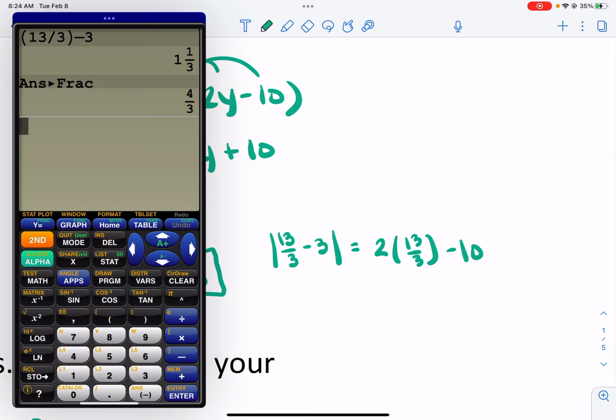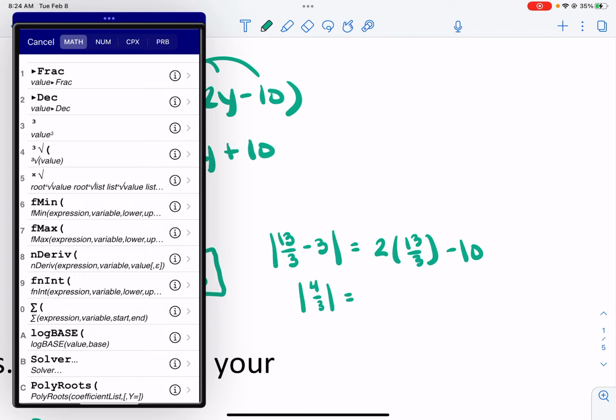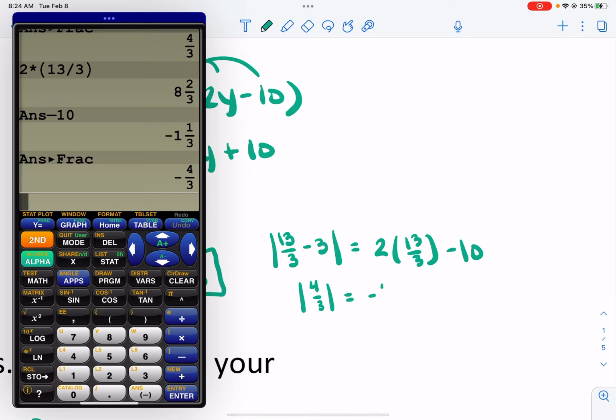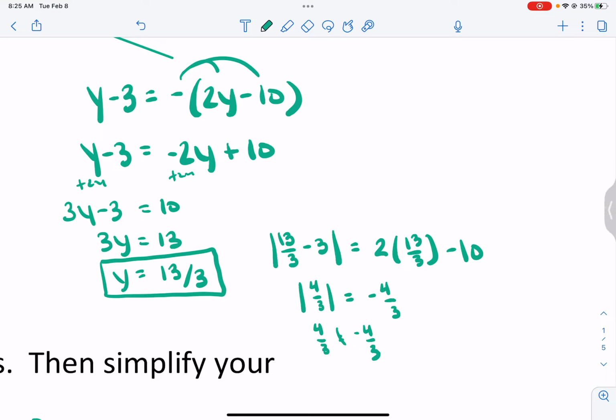So that's 4 thirds. Equals 2 times 13 thirds minus 10. That's negative 4 thirds. Okay, the absolute value of 4 thirds is 4 thirds. That does not equal negative 4 thirds. So this one here is extraneous.